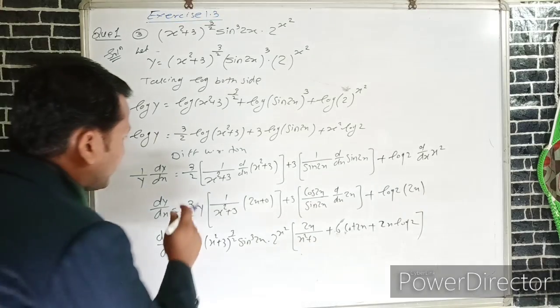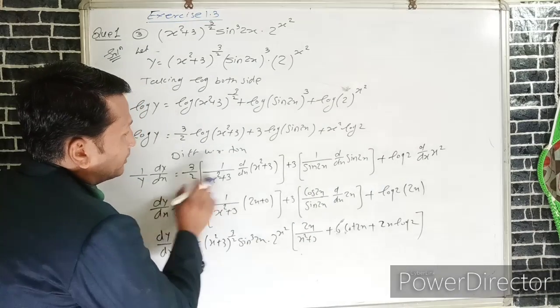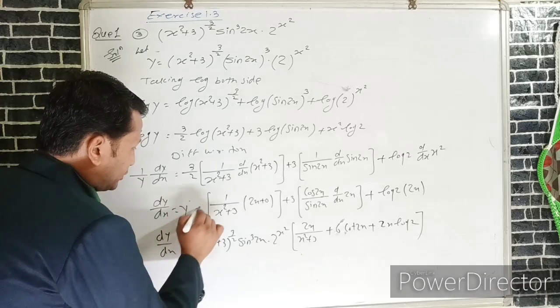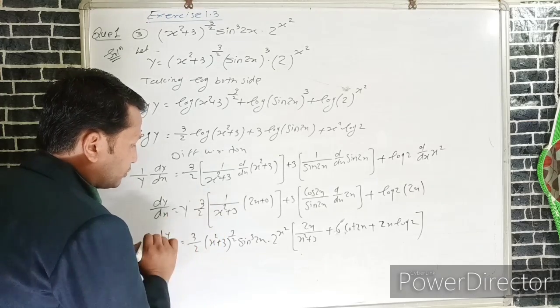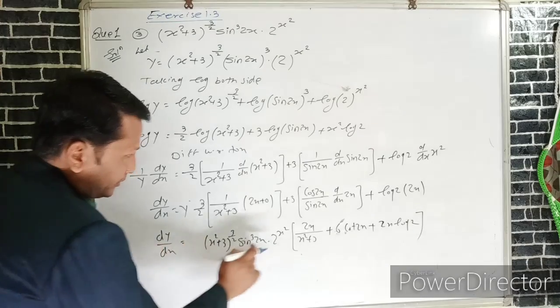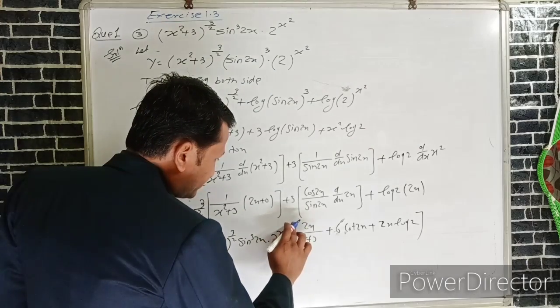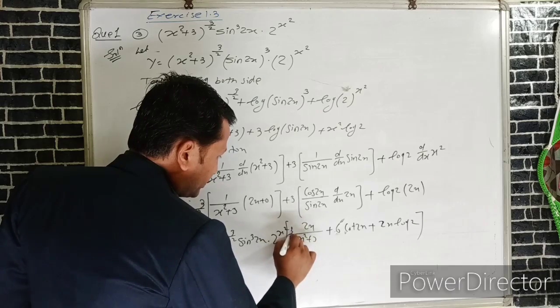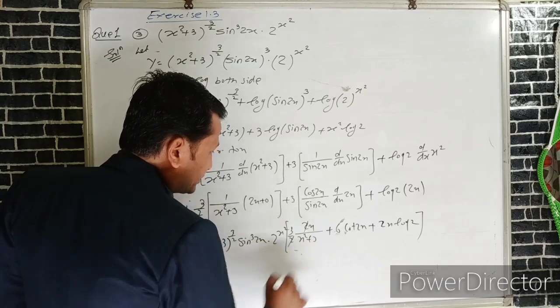Sorry, this 3 by 2 is only a multiple of this bracket. Here y into 3 by 2. Now if we substitute the value of y, we can write 3 by 2 into 3 by 2. Here 2 is cancelled.